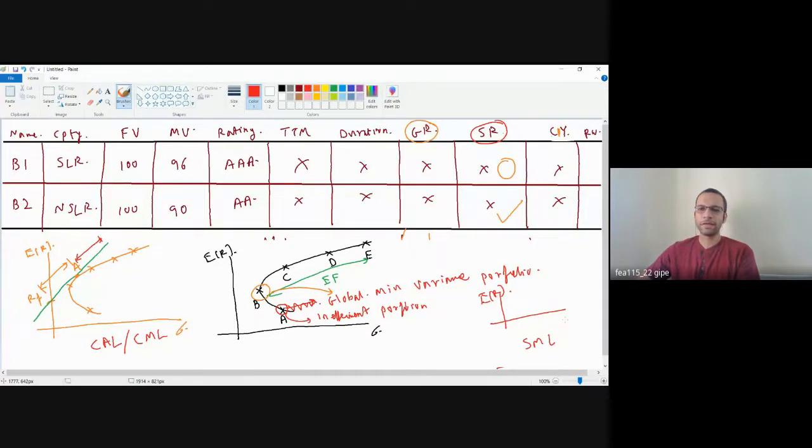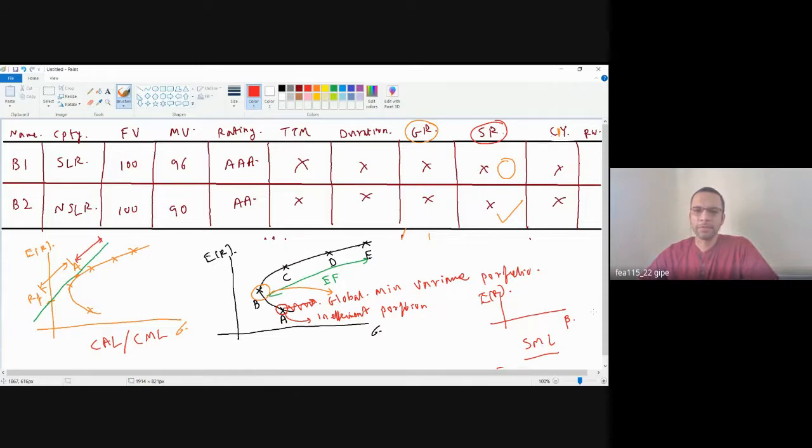So what will be on the x-axis for an SML? Will it be sigma or will it be something else? Okay, so it will be beta. Because this is equity specific, what we are trying to understand.